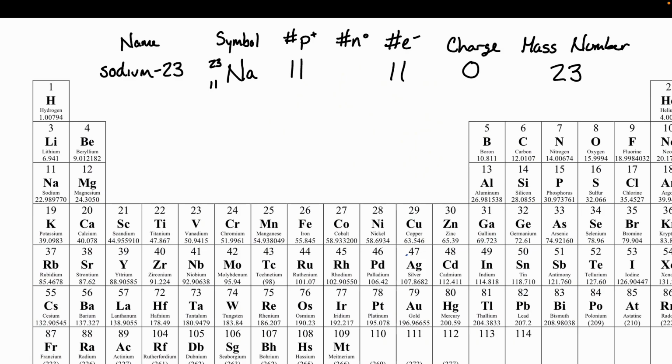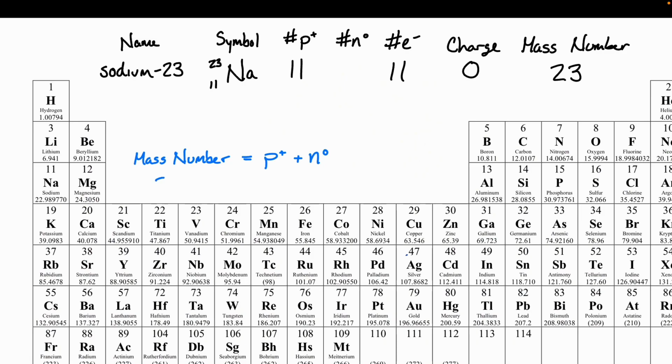So then we have one more box here. The number of neutrons. How am I going to figure out the number of neutrons based on this information? Using my mass number and the number of protons, right? Because let's remember, our mass number is protons plus neutrons.